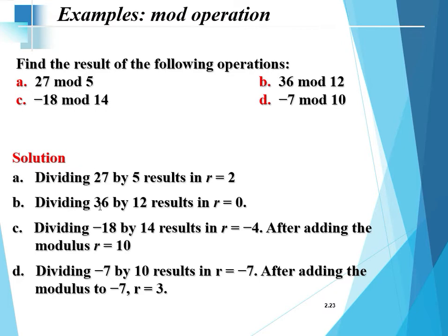In the third example, we will see negative 18 mod 14. This is a very interesting example, because here we find the negative integer mod 14.